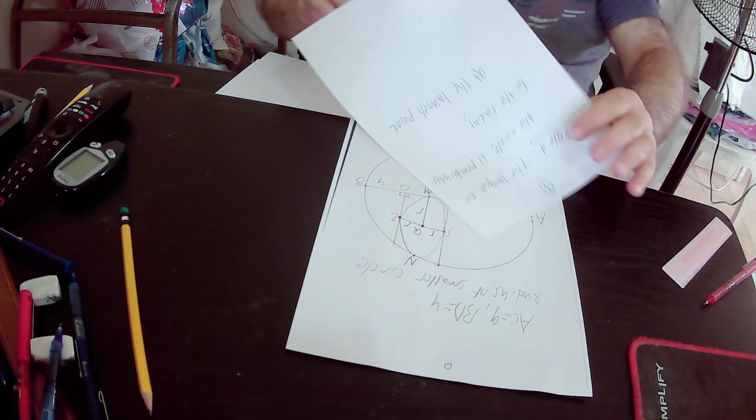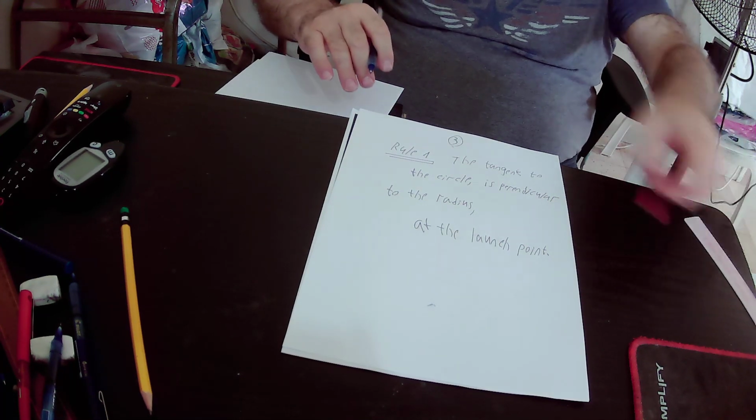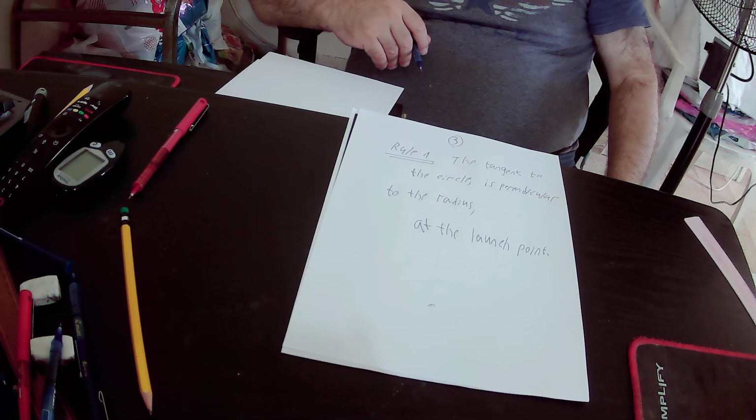Okay, so I will read rule number 1 again. Rule number 1 states that the tangent to the circle is perpendicular to the radius at the launch point.